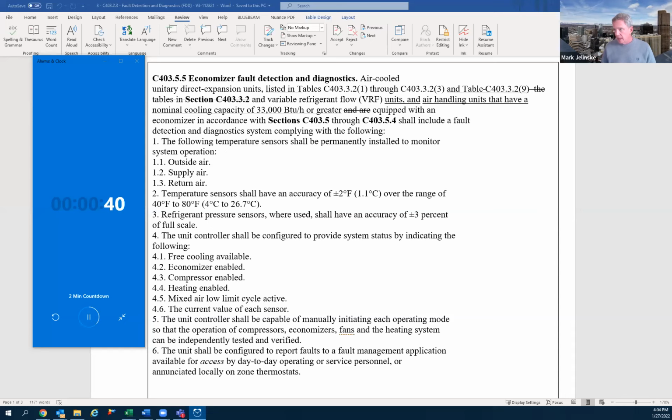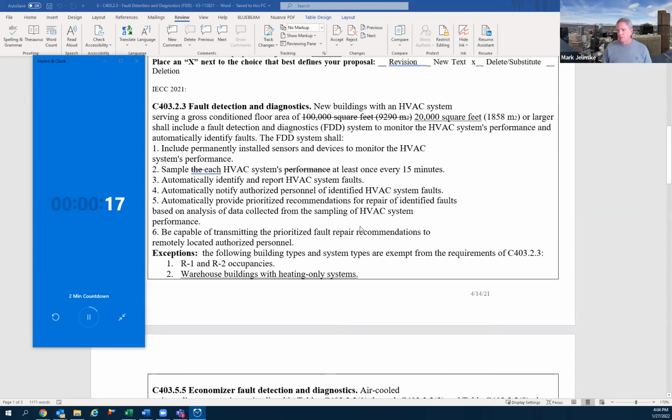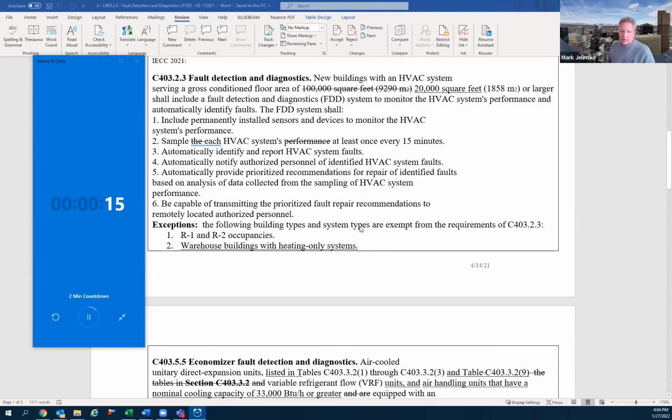I would recommend that you hold off on modifying that trigger until you get there. Bottom line, my recommendation is to incorporate the 403.2.3 modifications, but delete the 403.5.5 proposal. Thank you.